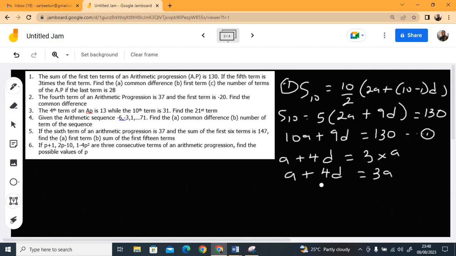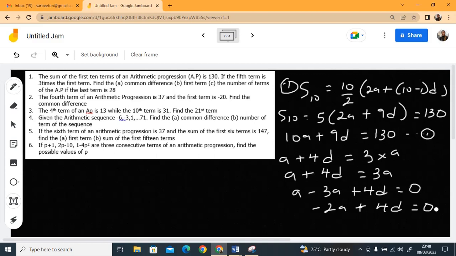So I can rewrite this by moving 3a to this side: a minus 3a plus 4d equals 0. That's how we do it in mathematics. When you bring this one here, everything turns to 0 and the plus a becomes minus. a minus 3a is minus 2a plus 4d equals 0.